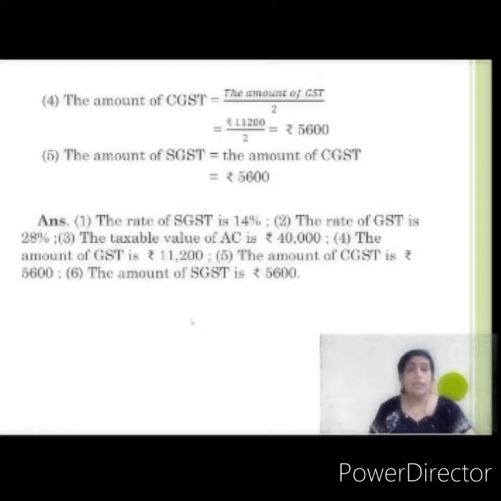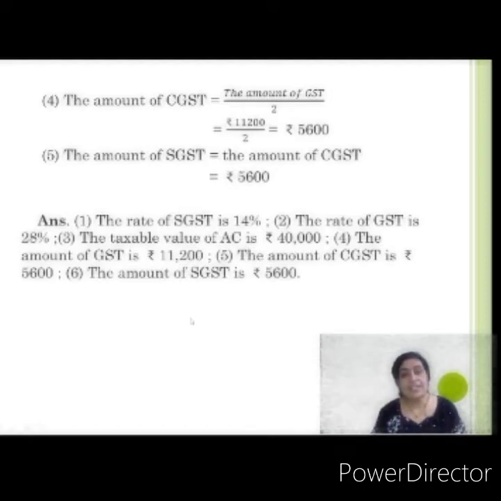Okay. The next topic is very interesting. You need to understand the chain of GST: how GST is being paid to the government. It's a tax. How does it go from different people? You all know very well that first is the manufacturer. The manufacturer sells his product to the wholesaler.